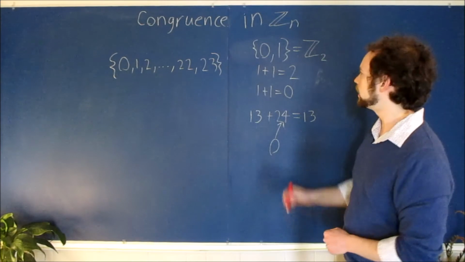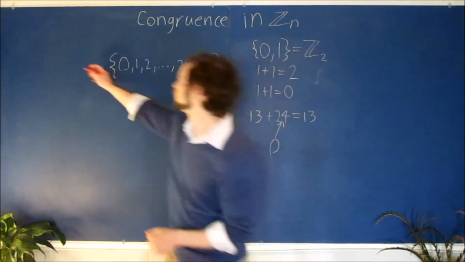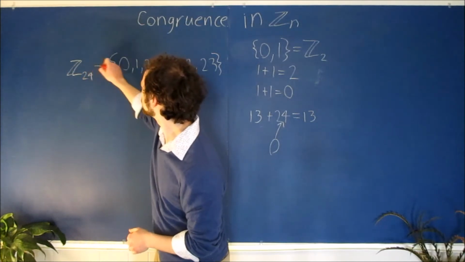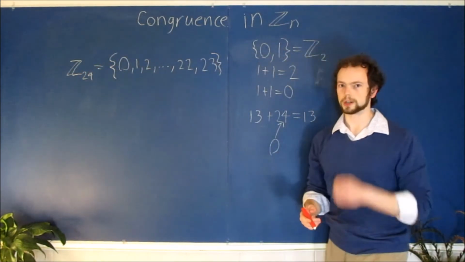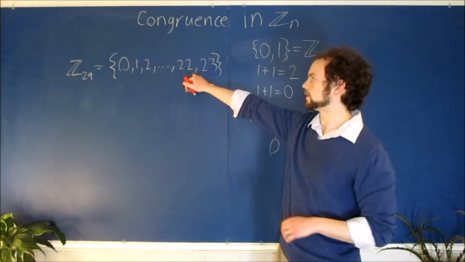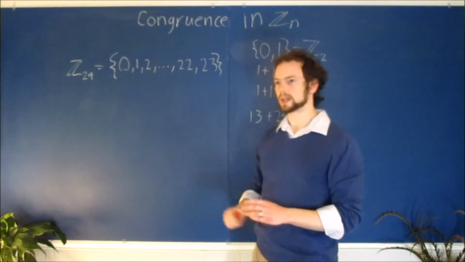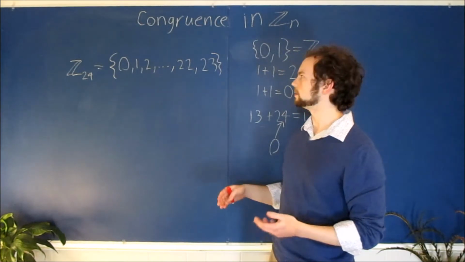And this one is Z24, so this one has 24 elements in it, and this one has 2. That's just how they're often denoted.